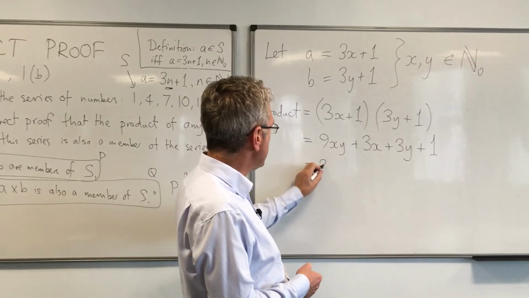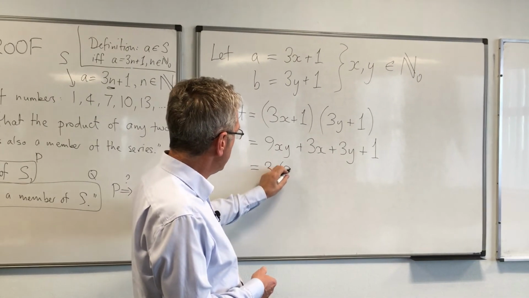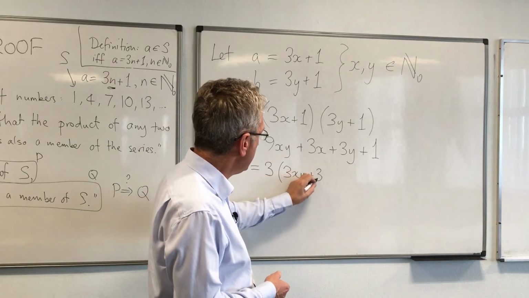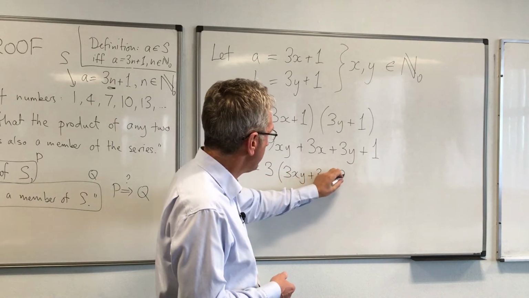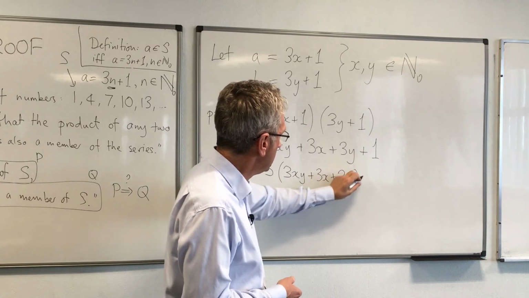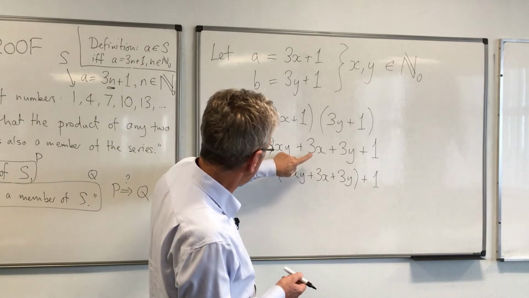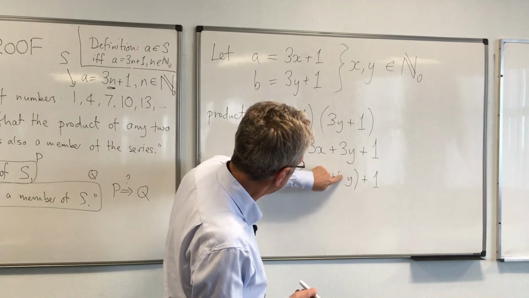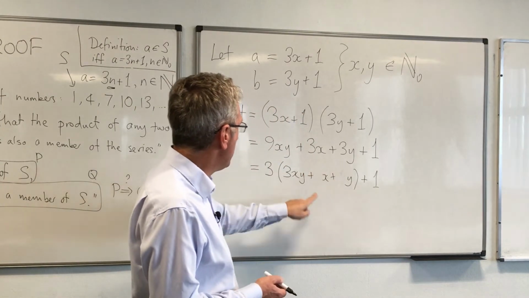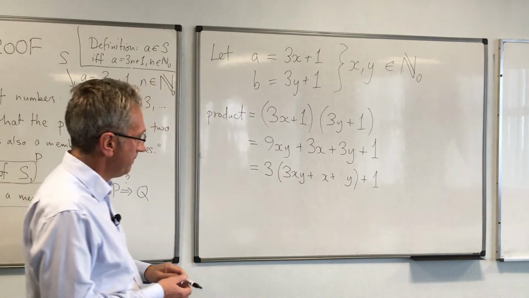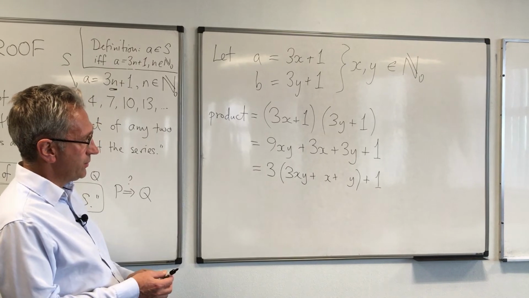So we get 3 times 3xy plus x plus y, plus 1. Sorry, just x and y there. That's it. So 3xy plus x plus y, plus 1, with the factor of 3 removed.